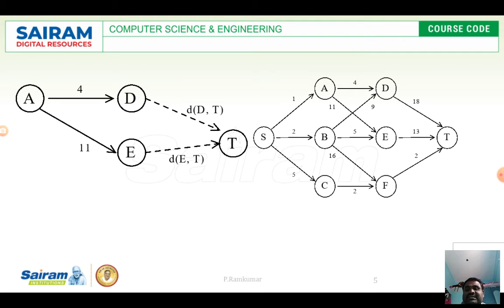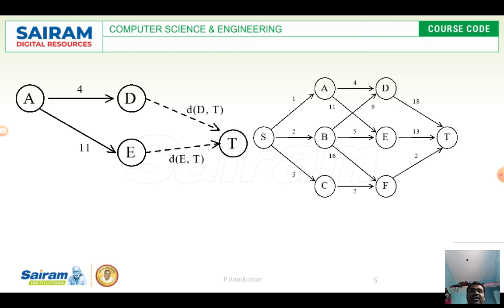So when I take this as an example, from A to D, D to T, how am I going to compute the distance? Minimum of, because from vertex A there are two routes. One route is via D to T, another is via E to T. Now distance of A comma T will be computed as cost of 4 plus cost of D comma T, comma 11 plus cost of E comma T. Cost of D comma T is correct, and E comma T is also correct.